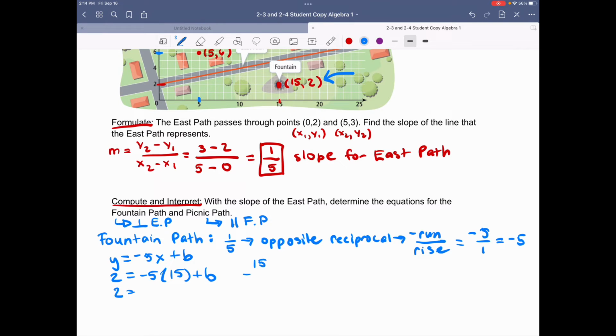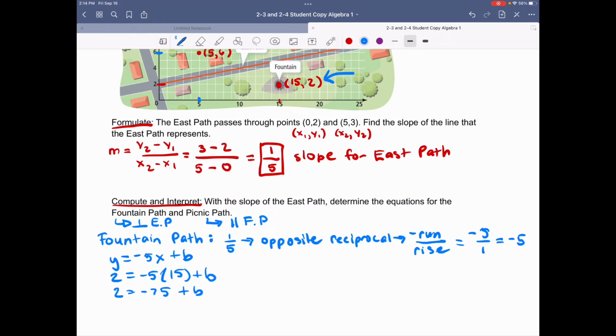I can show you the work here. 5 times 15 is 75, and carry down the minus, and we have minus 75. And then we can erase that afterwards.